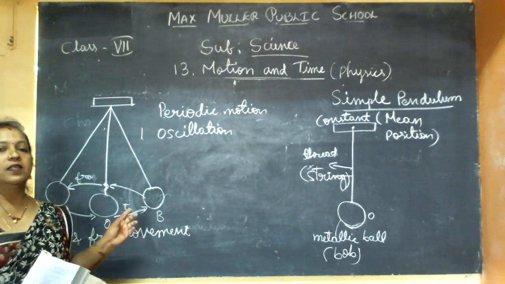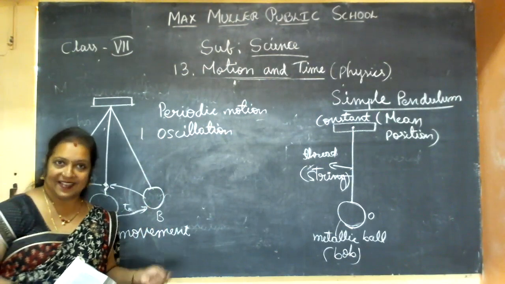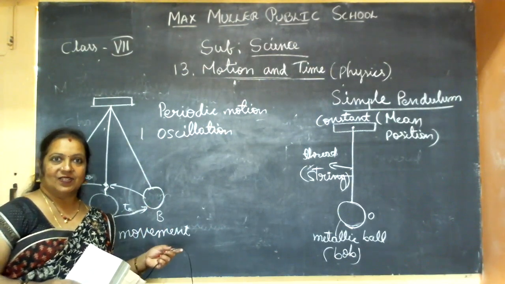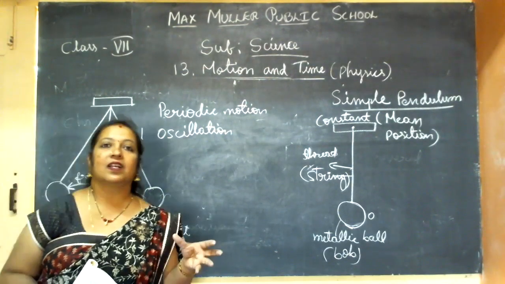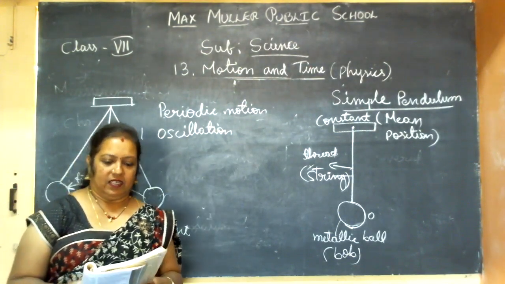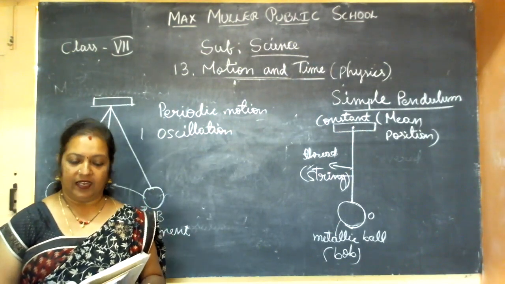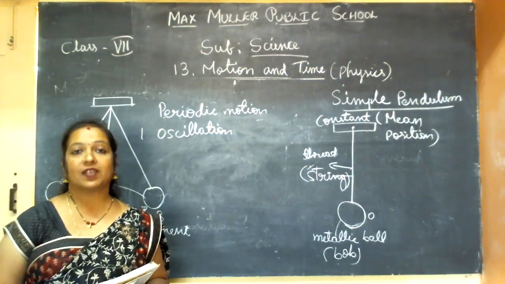Okay. So for this one oscillation, how much time has it taken? That we have to see now. The pendulum completes one oscillation and then we have to observe the time.